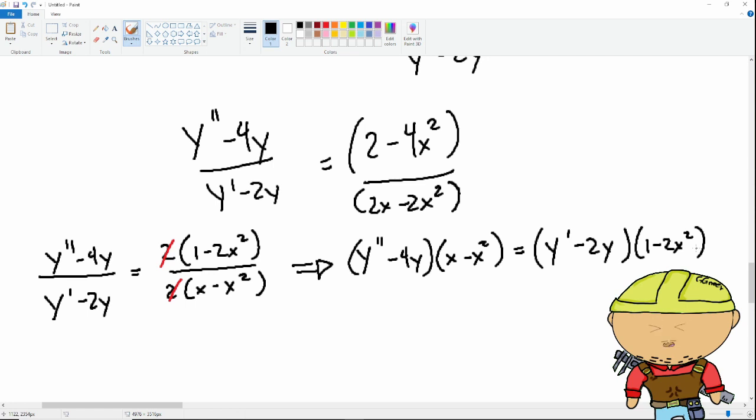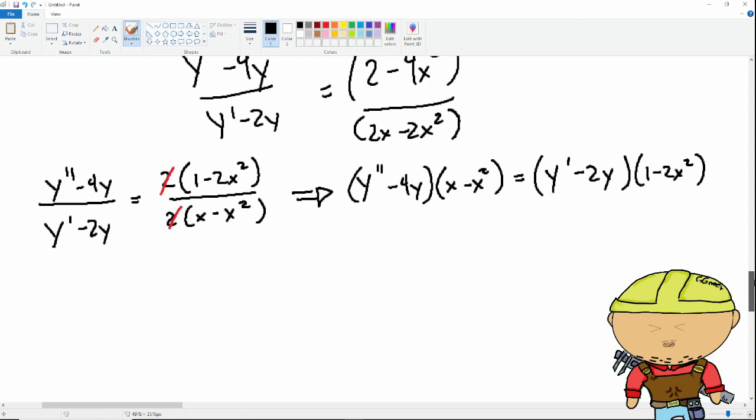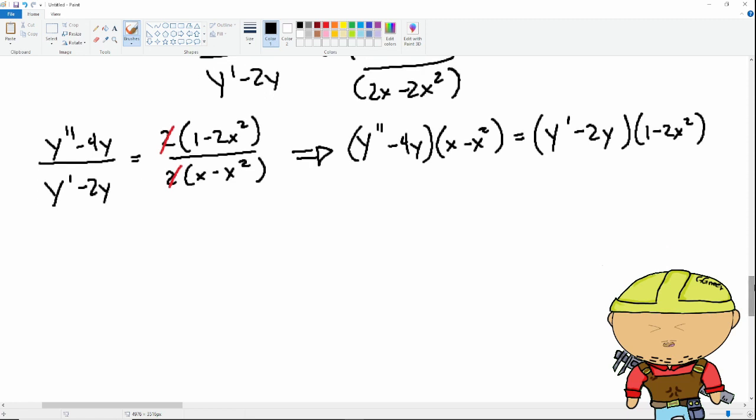At this point, it's a matter of algebra and manipulation to get a simpler equation, a matter of simplification. Let's proceed with the y double prime multiplied by x minus x squared.